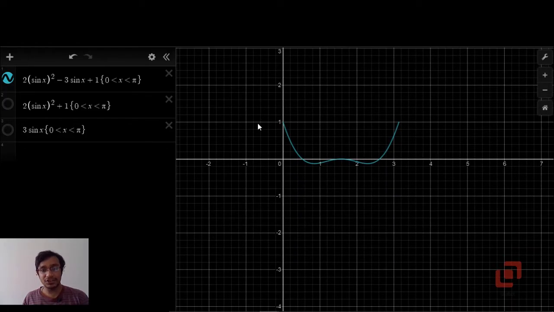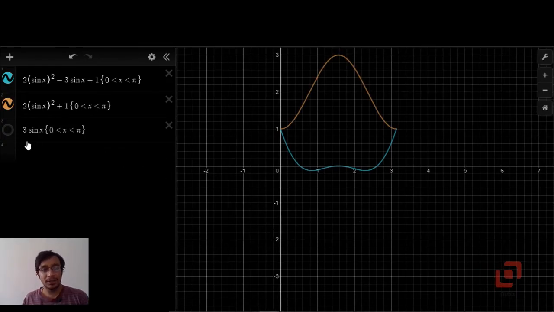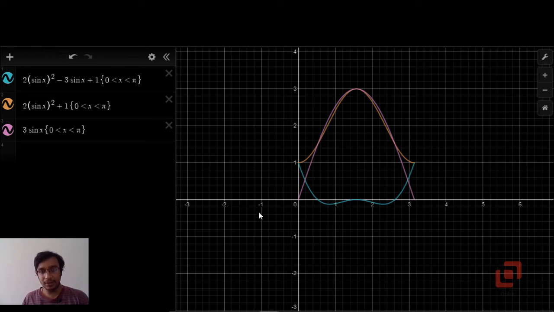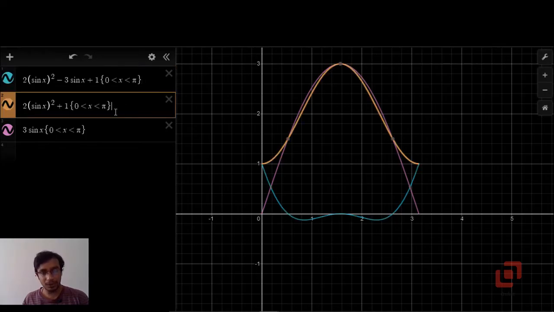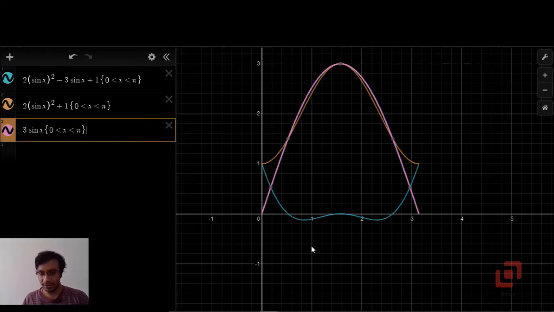Now we'll go to the last point that we discussed. How many times does the graph of the function 2 sine squared x plus 1 intersect the graph of 3 sine x in the interval 0 to pi? Now our attention will not be on the blue curve but on the orange as well as the pink curves.